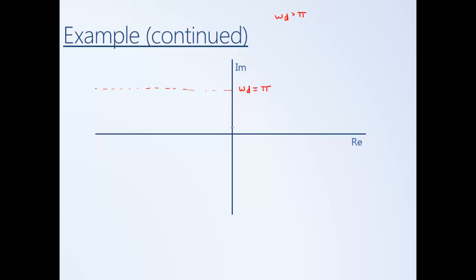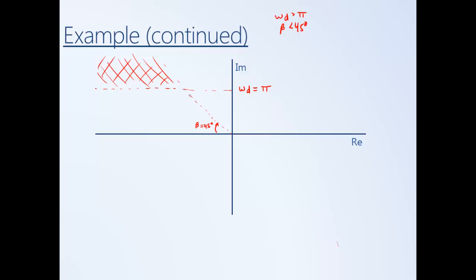We also found our beta of 45 degrees, and we needed beta to be less than 45 degrees. So we want to be above this horizontal line and below this angled line. And so the region that satisfies both of those requirements is here.